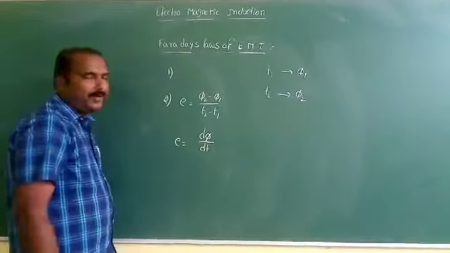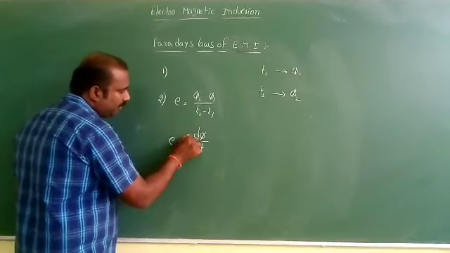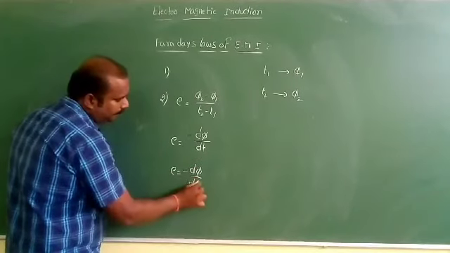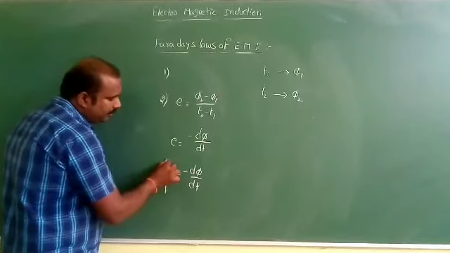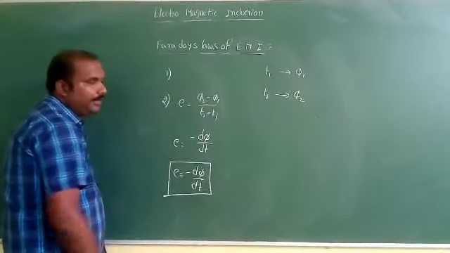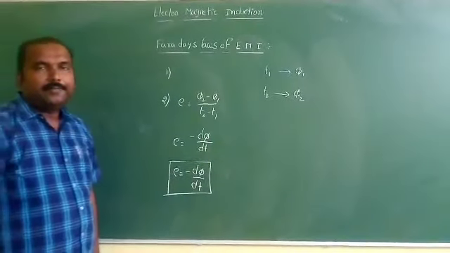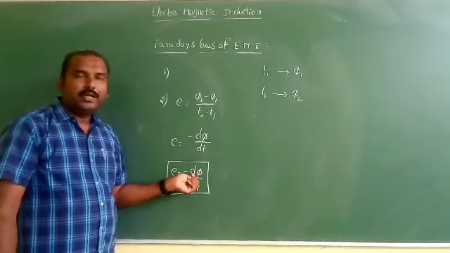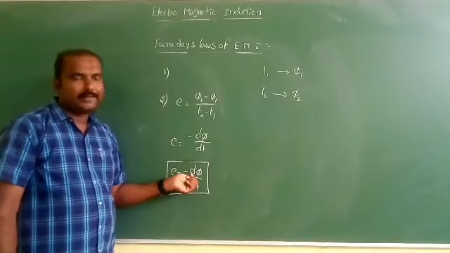So E is equal to d phi by dt, or here I have to keep one more symbol, minus. So E is equal to minus d phi by dt. What it indicates? The magnitude of induced EMF is directly proportional to the rate of change of magnetic flux.